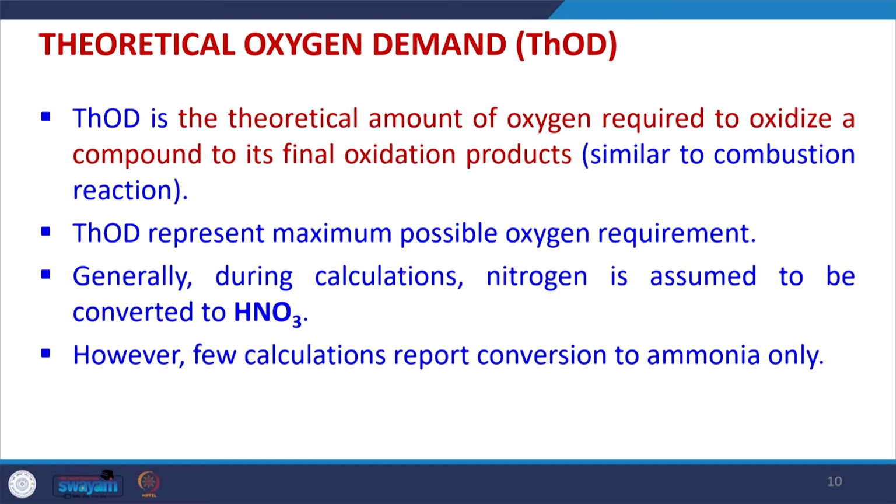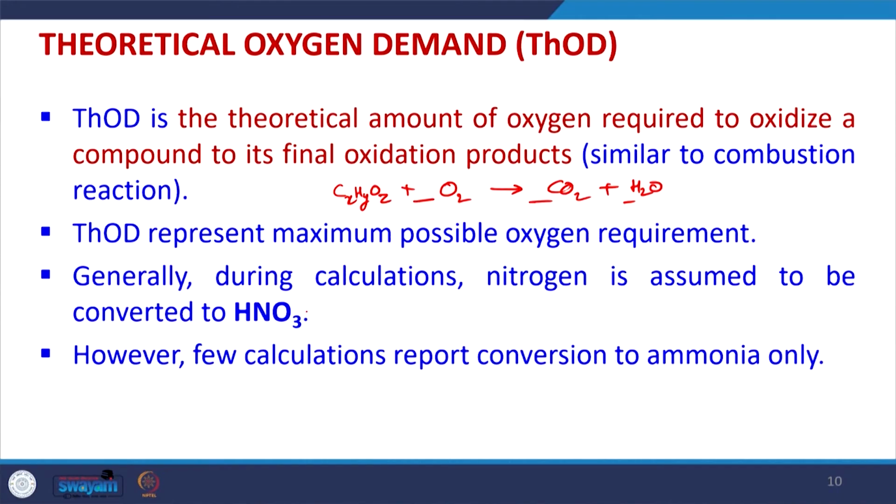If we are using any particular compound, CxHyOz, we can write a balanced equation to find out the theoretical oxygen demand. So, it is like the maximum possible oxygen requirement.